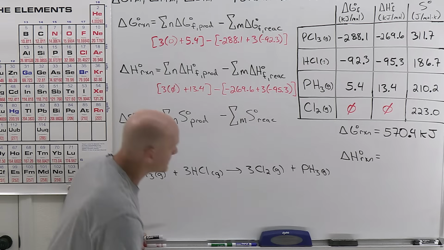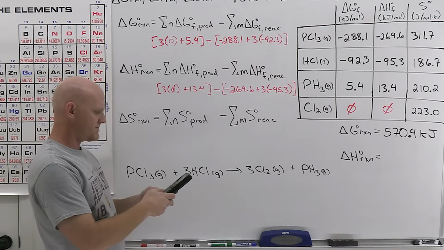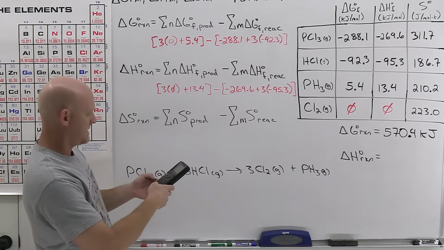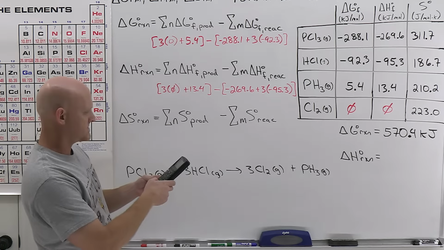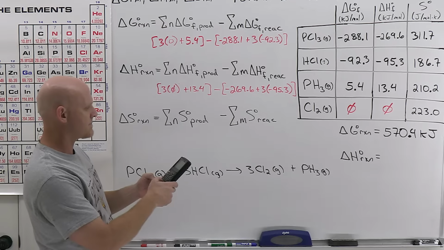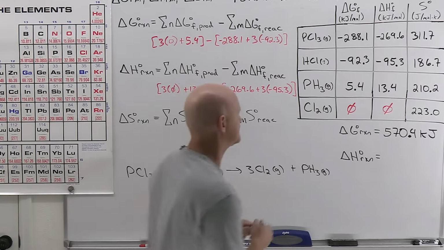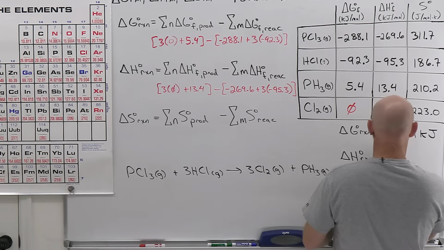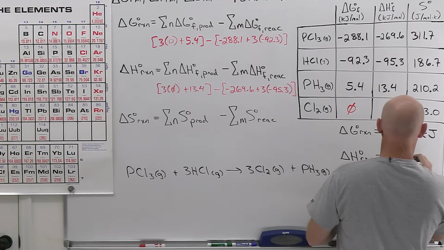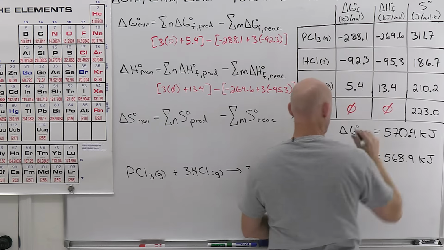Cool, and we'll let our calculator do the work for us once more. So 13.4 minus parentheses, negative 269.6 plus 3 times negative 95.3, and I'll close my parentheses, and we're going to get 568.9. And again, that's going to be in kilojoules.